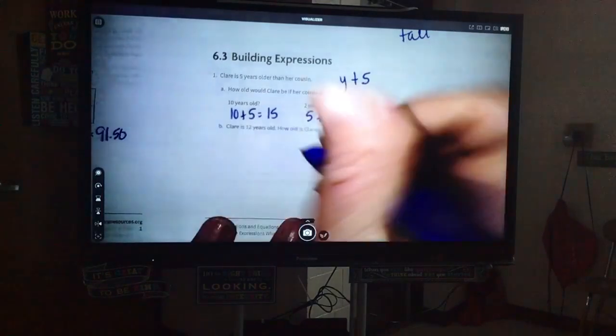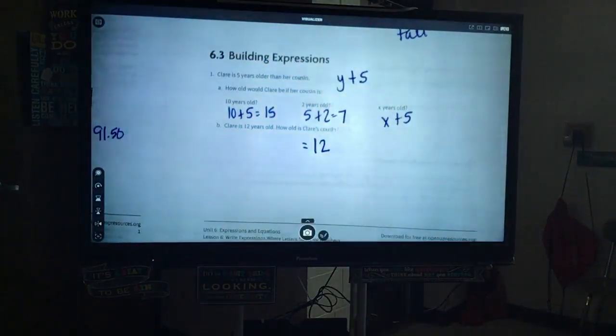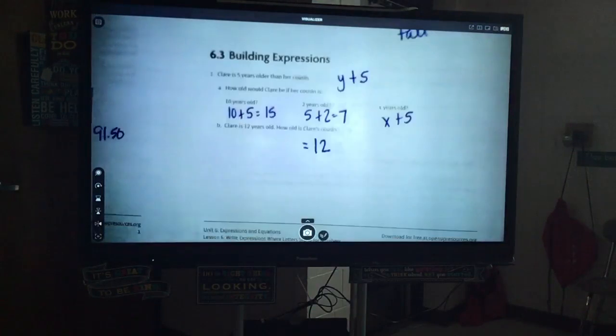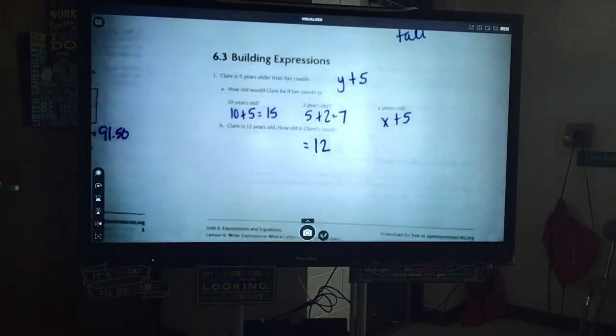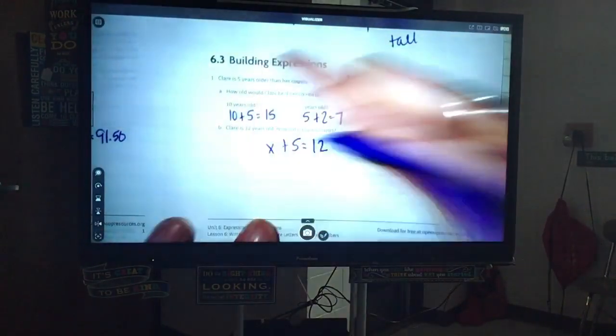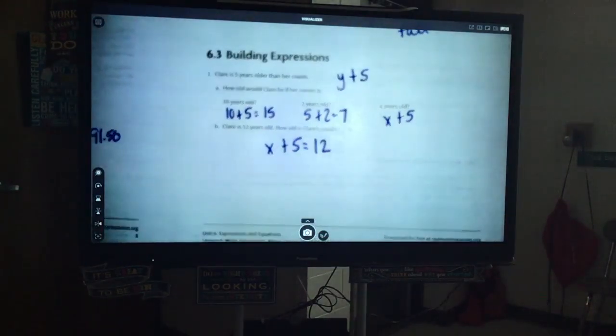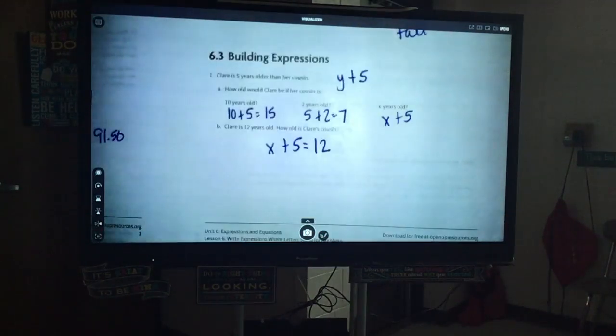So technically, we already know our answer, right? It already tells us. So can I still use the same equation, X plus 5? I mean, can I set it up as X plus 5 equals 12? And then technically, what operation am I going to use to solve this problem?